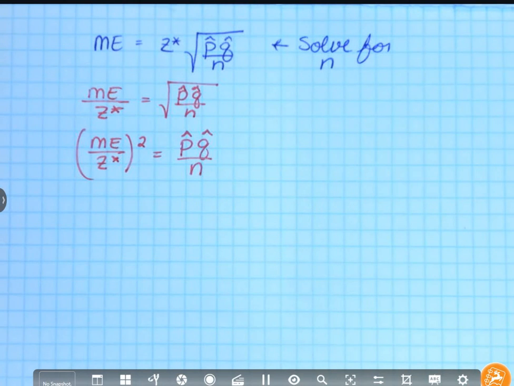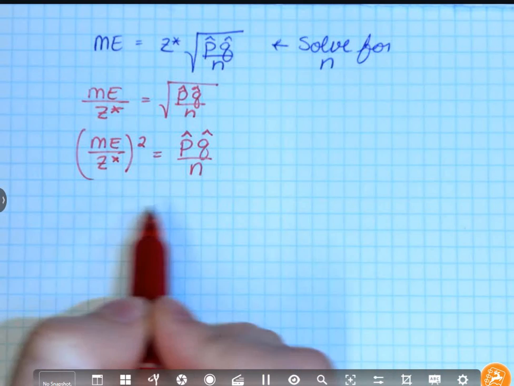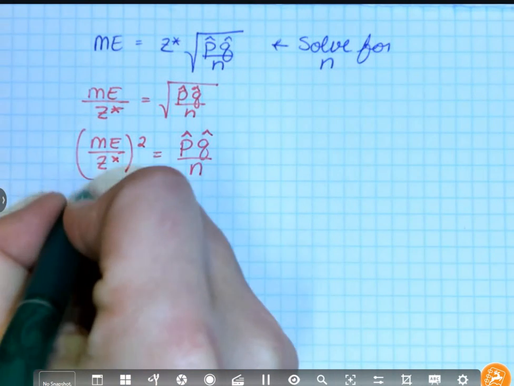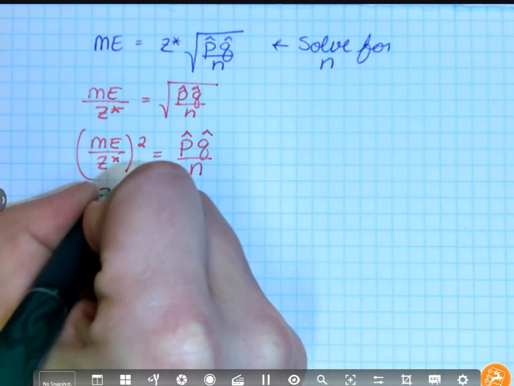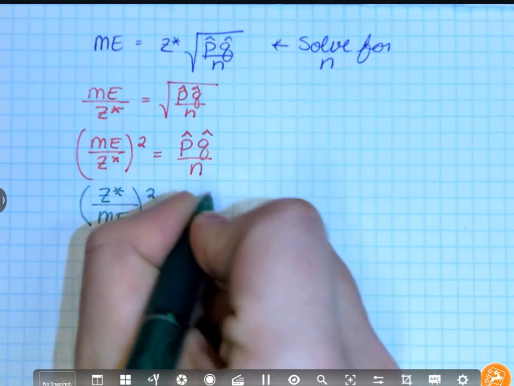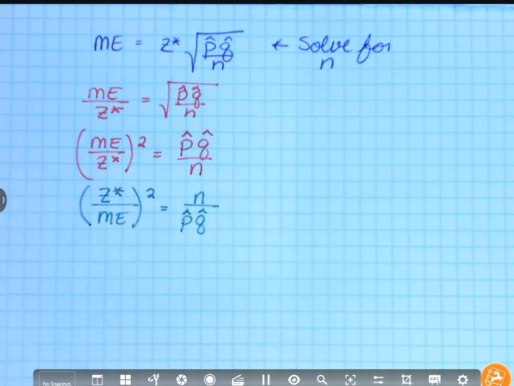Now, at this point in time, n is in the denominator. There are a lot of different things that you can do, but I find that if what I'm looking for is in the denominator, it's easier to literally just do the reciprocal of both sides. So I would have z star over the margin of error, squared, is n over p hat q hat.